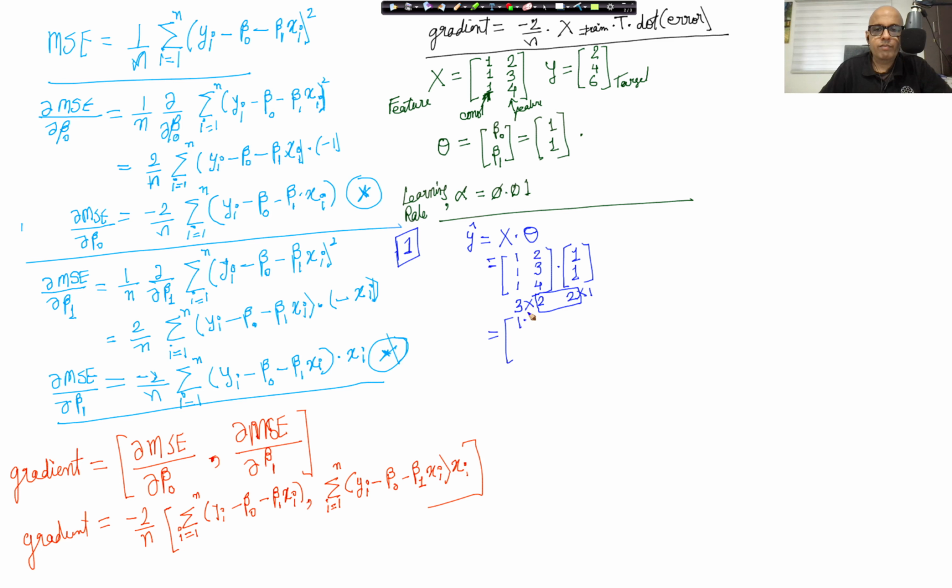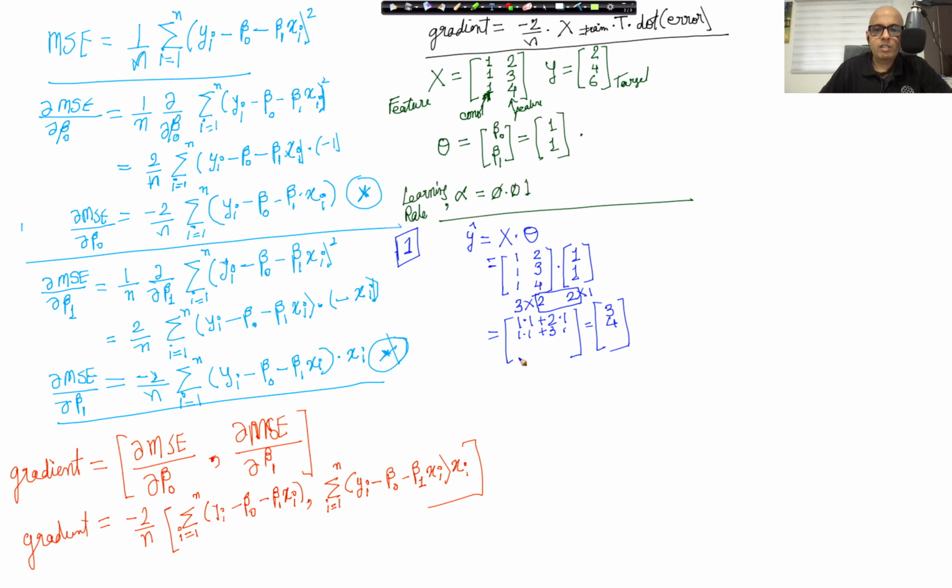So I'll do the first one. 1 multiplied by this one, plus 2 multiplied by this one, and that comes out to 1 plus 2, which is 3. The next one is 1 multiplied by 1 plus 3 multiplied by 1, so that becomes 1 plus 3, that is 4.